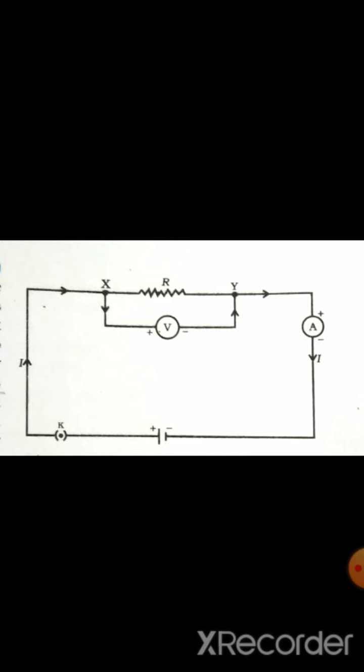Now, let the current flowing through the resistor be I, the ammeter reading be I, and the potential difference across the resistor between the points X and Y be V.